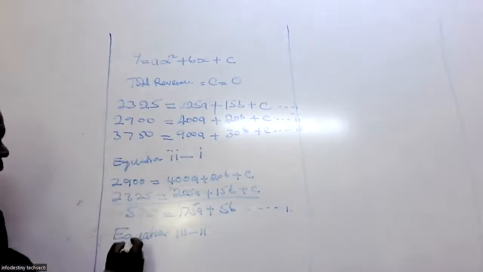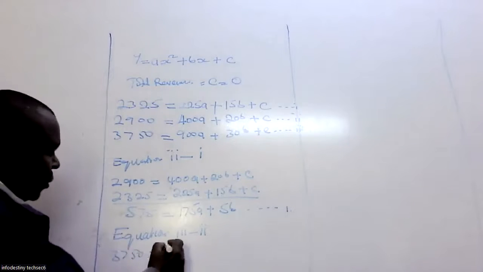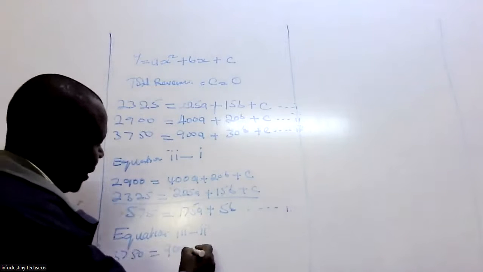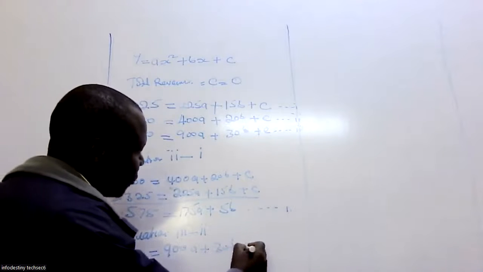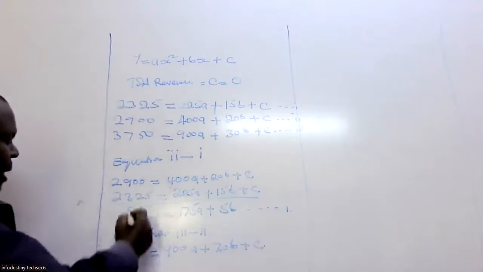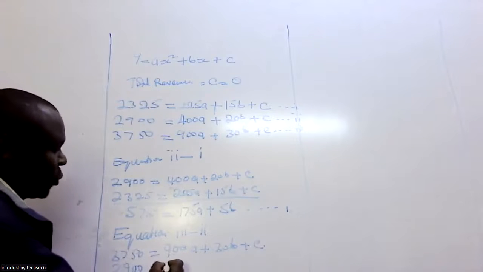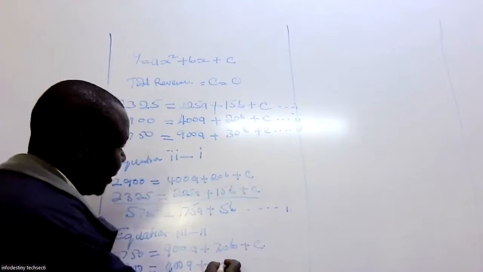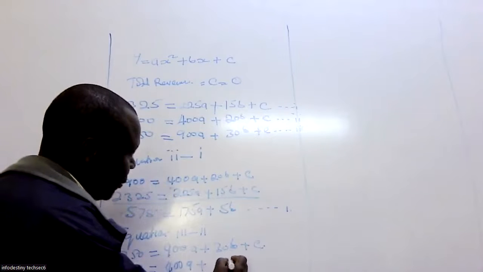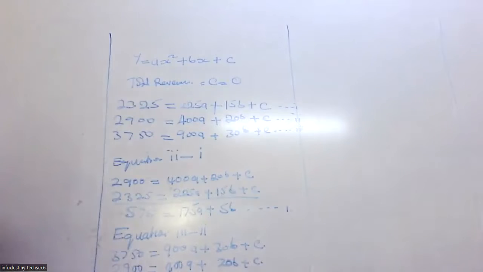So that's going to be 3750 equals 900 A plus 30 B plus C, and 2900 equals 400 A plus 20 B plus C. We subtract.